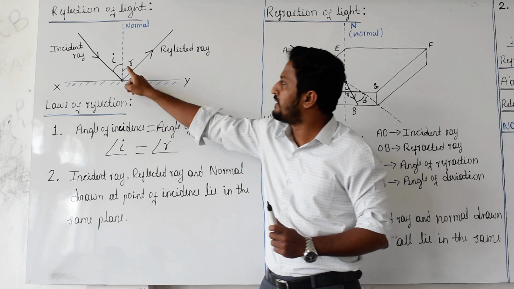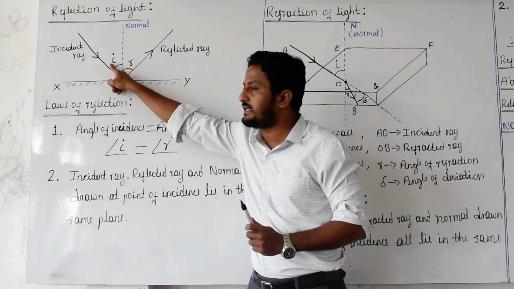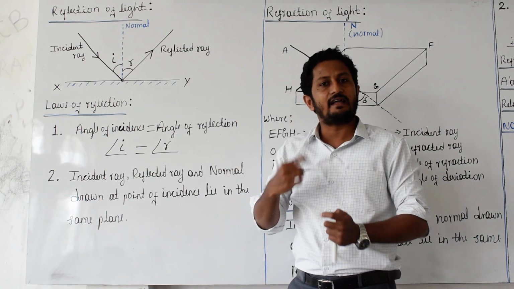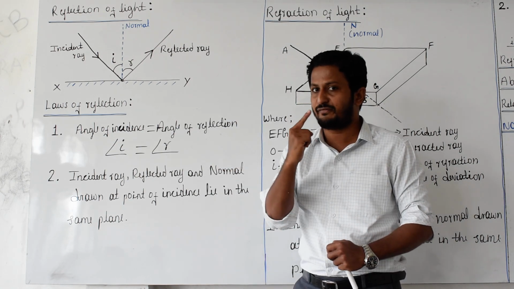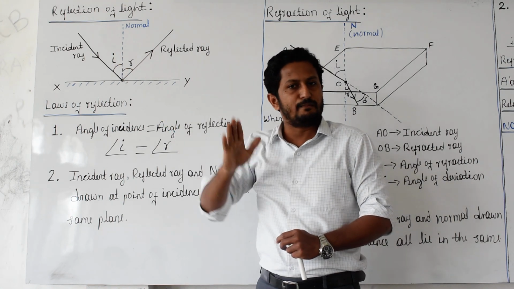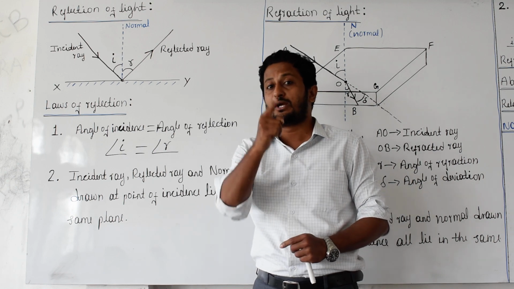Here I have marked I and R. Here I is the angle of incidence and R is the angle of reflection. These two angles we must measure with respect to the normal.